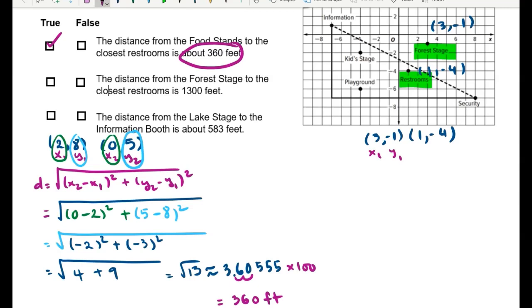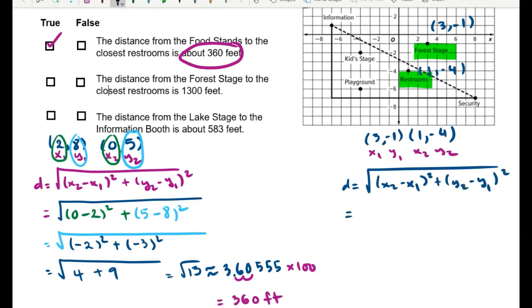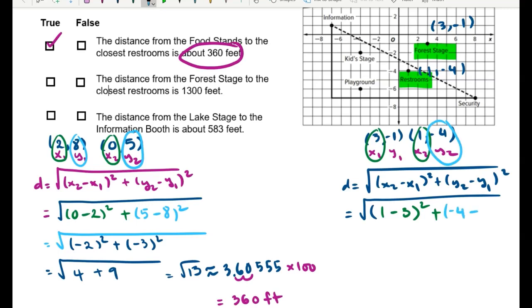So x1, y1, x2, y2. Distance equals the square root of (x2 minus x1) squared plus (y2 minus y1) squared. So x2 is 1 minus x1, which is 3, squared, plus y2, which is -4, minus y1, which is -1, squared.